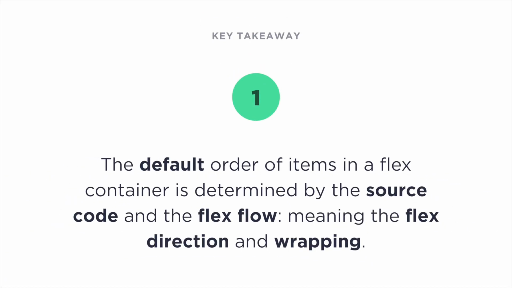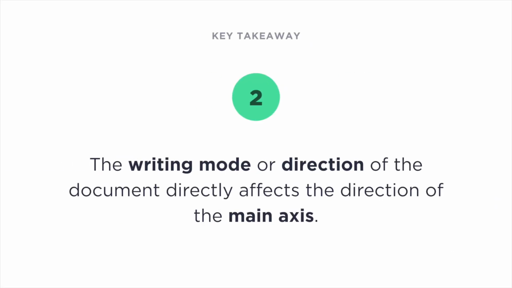All right, time for some key takeaways. Number 1, the default order of items in a flex container is determined by the source code and the flex flow, meaning the flex direction and wrapping. Number 2, the writing mode or direction of the document directly affects the direction of the main axis.